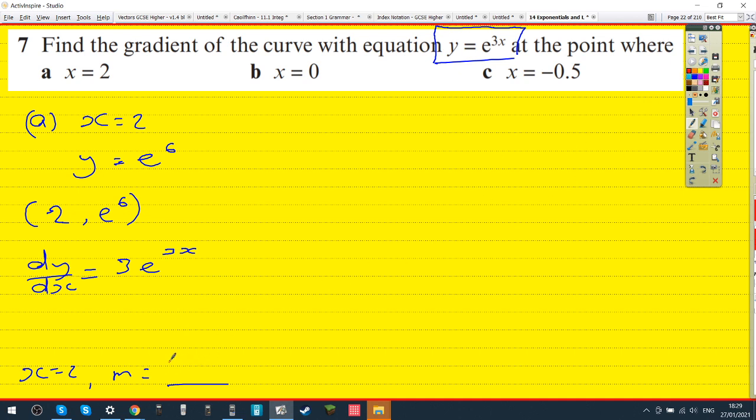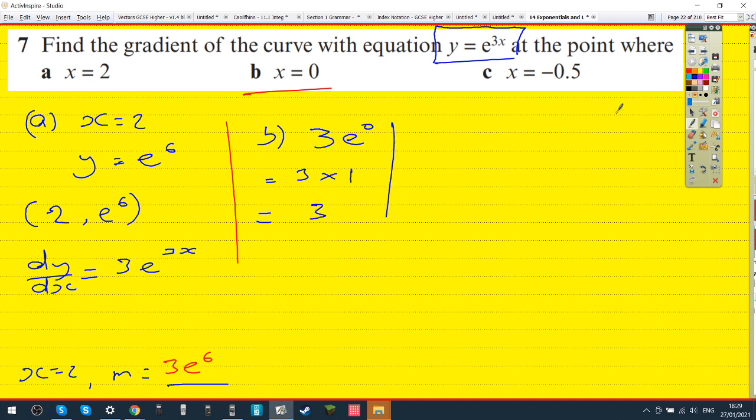Let's say when x is 0, what is the gradient? 3e to the power of 0, so 1. So it's 3 times 1, so 3. Yes.